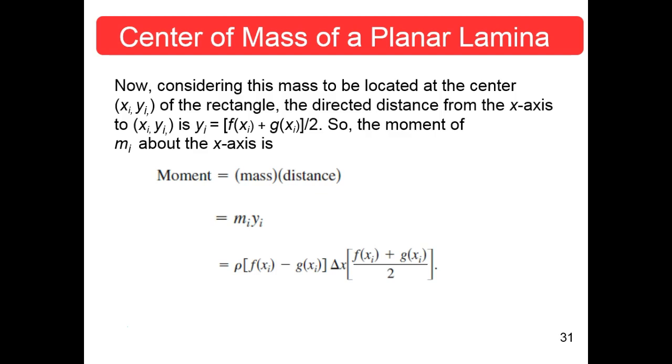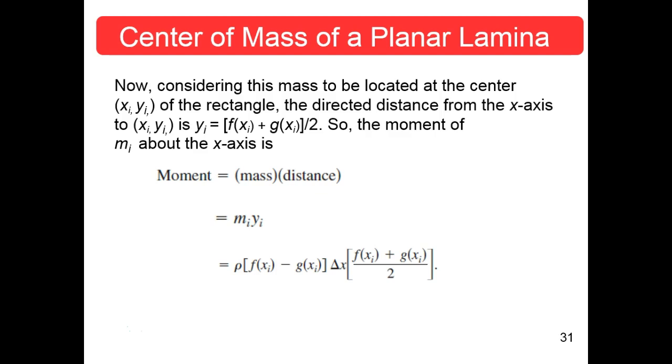So the moment m sub i, now this is little m moment, m sub i, not the total capital M, about the x-axis is the mass, which is rho times the difference between these two times your thickness, times your y sub i, which is the average of those two.